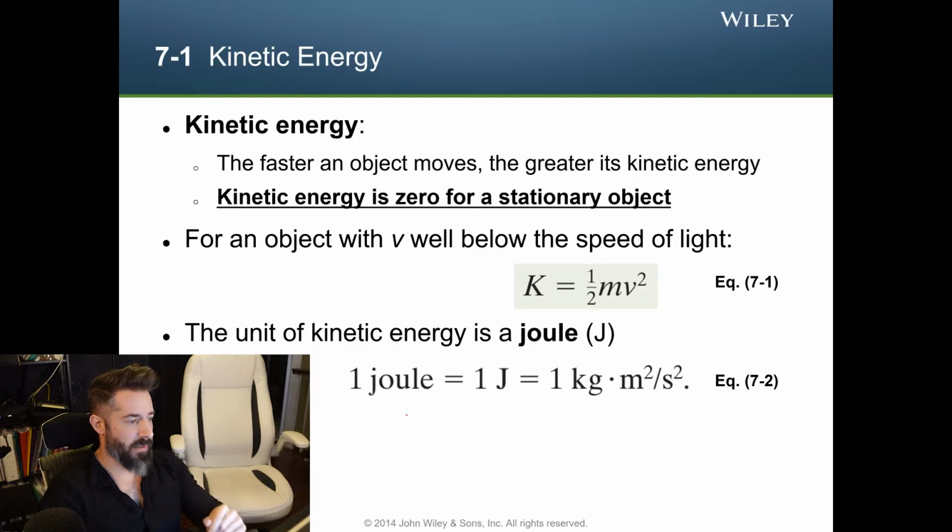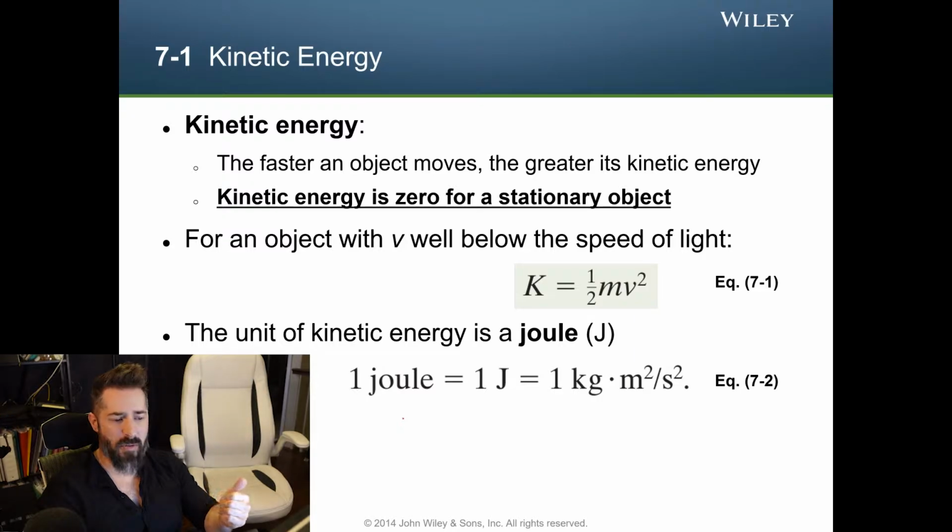Like the statement says, kinetic energy is 0 for a stationary object. It has to be moving, and we use what is commonly phrased as an approximation because it's based off Newtonian mechanics. It's 1/2 mv squared, so it is an almost perfect approximation as long as you're well below the speed of light.